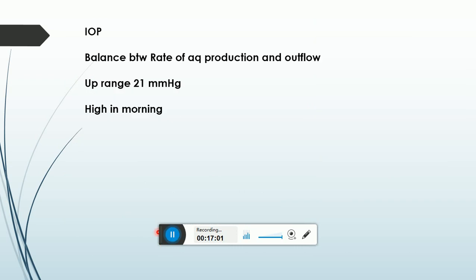The next topic is intraocular pressure. Intraocular pressure is determined by the balance between the rate of aqueous production and the rate of aqueous outflow. The aqueous outflow is related to factors that include the resistance encountered in the trabeculum and the level of episcleral venous pressure.